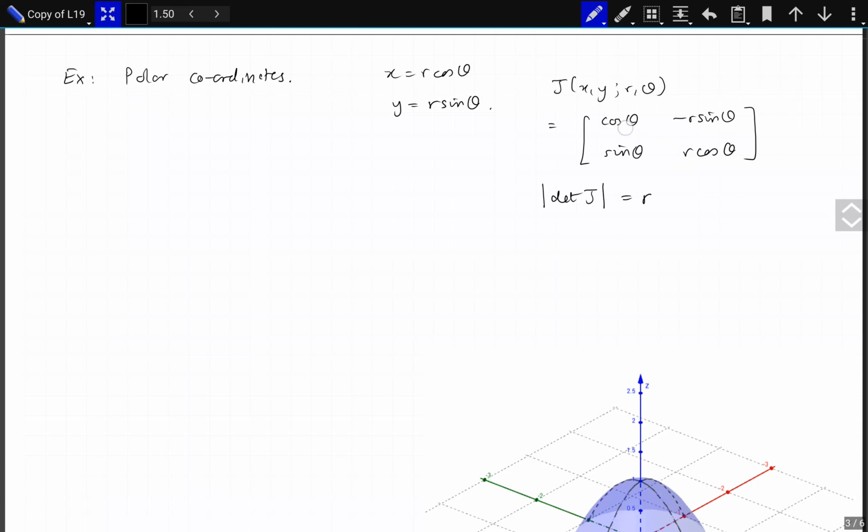It's r cos squared theta plus r sin squared theta, and that's just r. Thus, the double integral over a domain of the Cartesian coordinates dx dy is equal to the double integral of the same function in terms of r and theta times r dr d theta. And don't forget this factor of r.